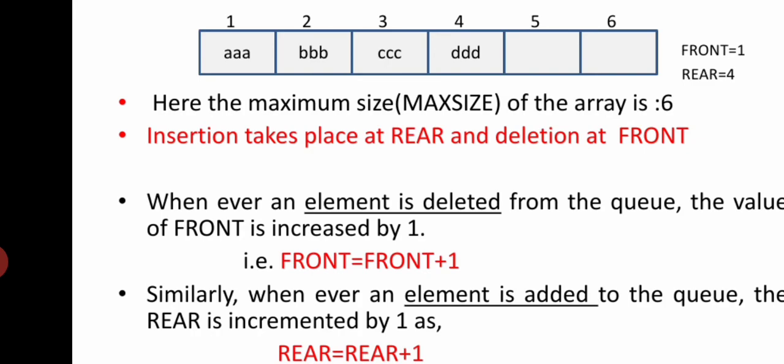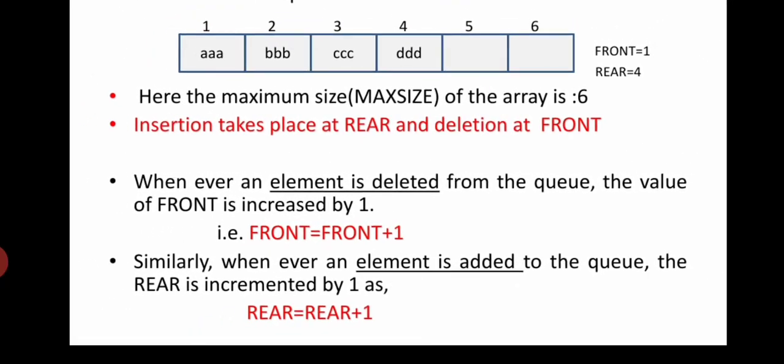If we delete AAA from this queue, the value of front is set as front equals front plus 1. Then after deleting the element, the front points to 2. Front is incremented by 1.